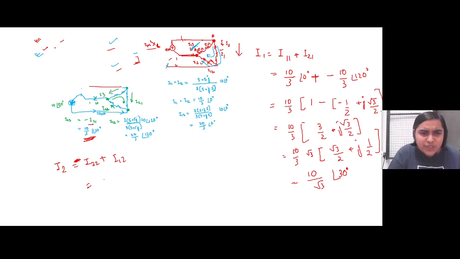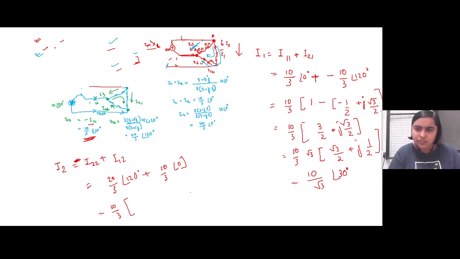So I22 is 20 by root 3 times ∠120 plus I12 is 10 by 3 times ∠0. So just take 10 by 3 outside, and you can calculate this: cos 120 will be minus 0.5, right? Yes.